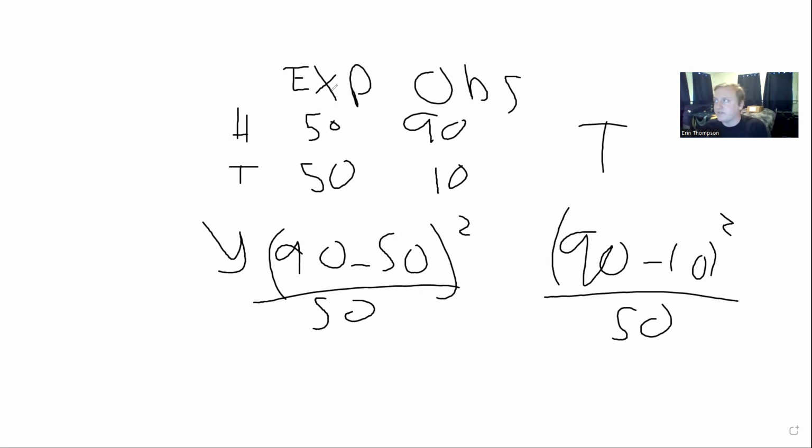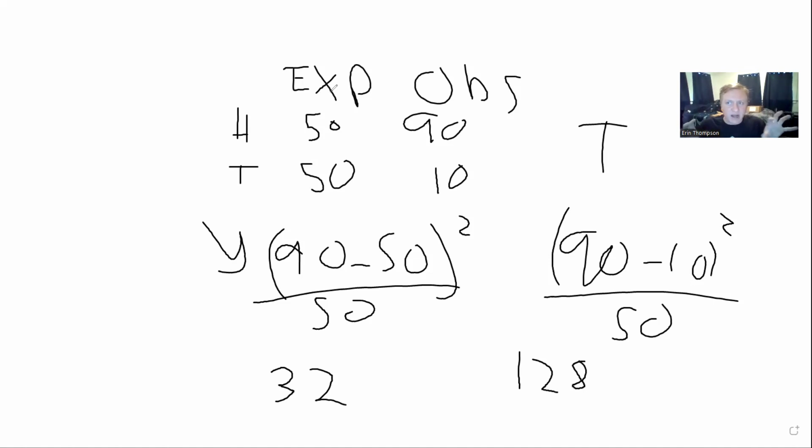So 90 minus 50 is 40. 40 squared is 1600. 1600 divided by 50 is going to give us 32. 10 minus 50 is negative 40, and so on for tails: 80 squared is 6400. 6400 divided by 50 is 128.